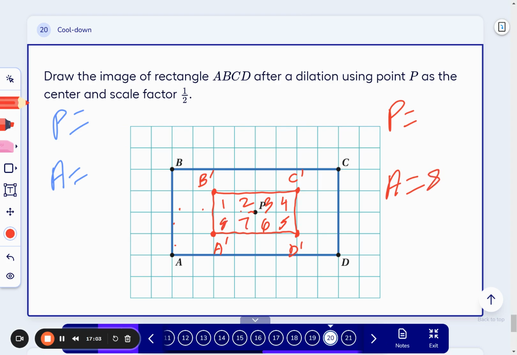So I wonder what the area of the blue one is, if the red one is 8. The perimeter is 4, 5, 6, 10, 11, 12. We just add 4 plus 2 plus 4 plus 2. So what happens over here to the blue one? Is this 24? Is this 16? I don't know. I'll leave that up to you to find out.